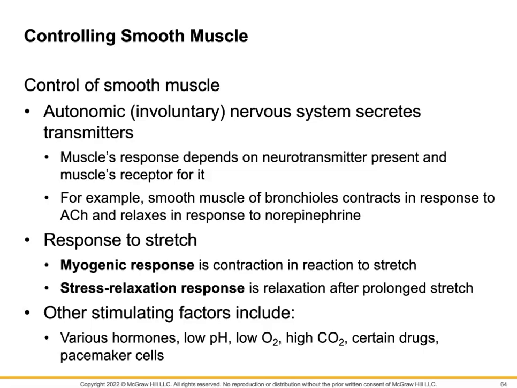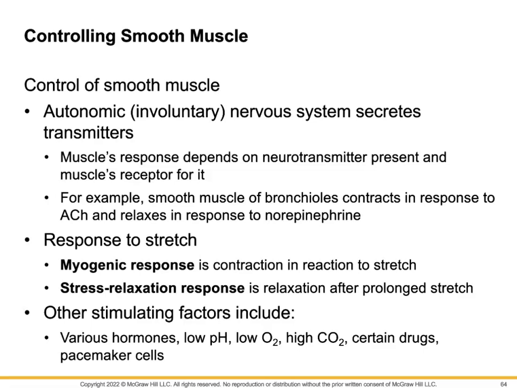The response to stretch can also stimulate that muscle to contract. For instance, in the digestive system, the reason that the muscle contracts when you're pushing food through your digestive system is the smooth muscle gets stretched, and the response to that is to contract.